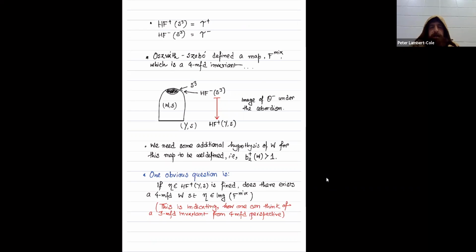You haven't defined the mixed map. You've just defined a cobordism map. Is that what you mean? Oh, so I'm saying that the image. Here mixed means, sorry, F mixed in this case applied to theta minus. I see, the cobordism map is on HF minus, right?